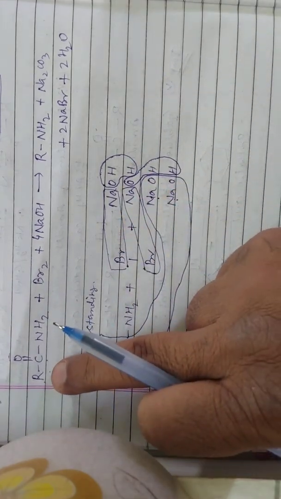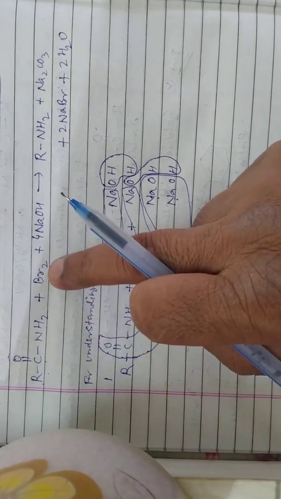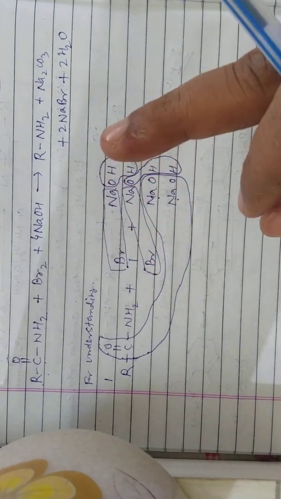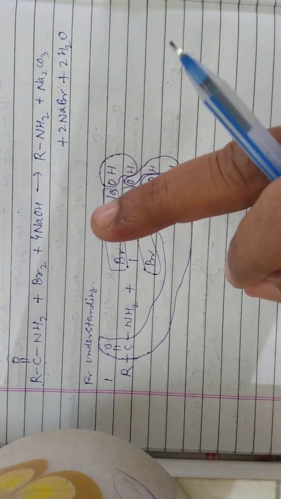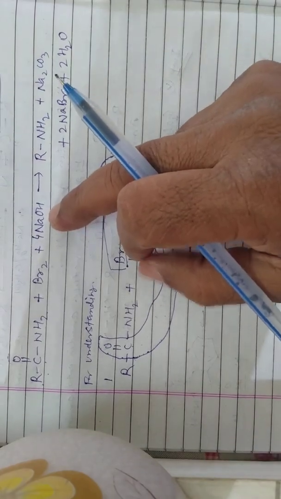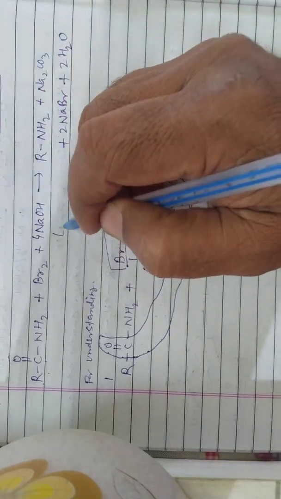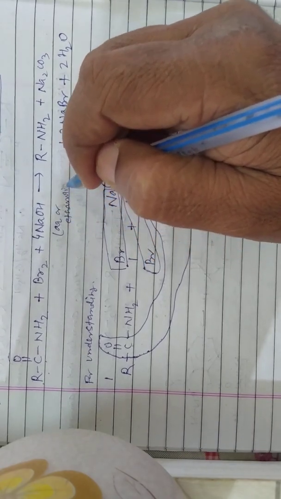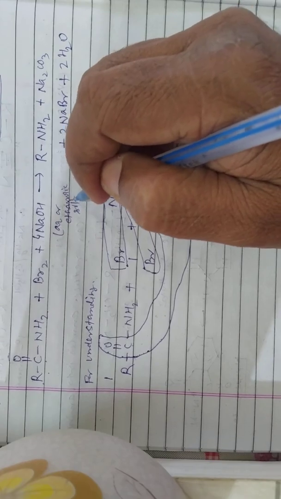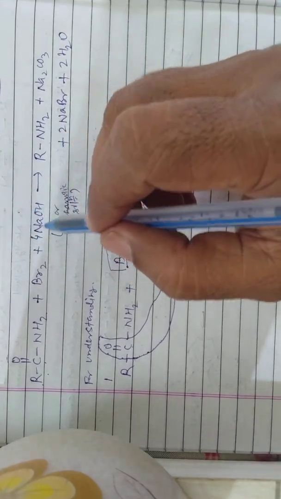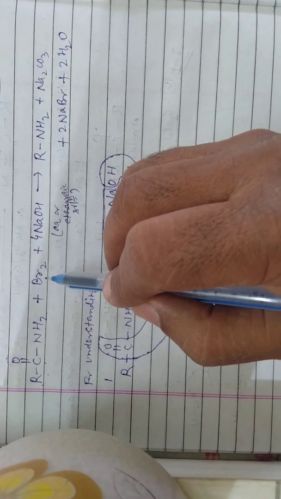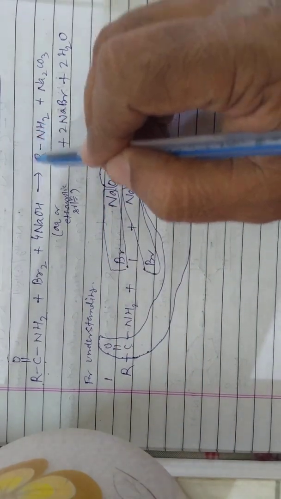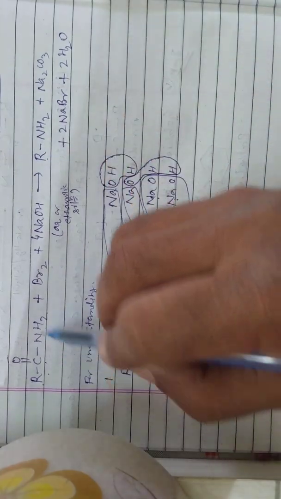So when an amide is treated with bromine and followed by ethanolic or aqueous solution of NaOH, it may be aqueous or ethanolic solution of sodium hydroxide, when treated with amide along with bromine, then formation of amine will take place, and here this amine contains 1 carbon less than that of the amide.